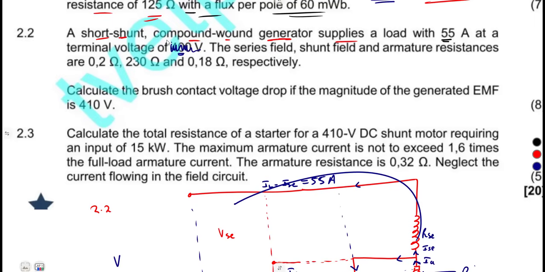This one was going to give you a negative when you're calculating. They made an error. It was supposed to be 380 volts. So the terminal volt is what, 380. All right, what happened here? So like I said here, they just made an error. It was supposed to be 380 volts. So the terminal voltage, 380 volts. The series field, all right, shunt, armature, all right, they are given.